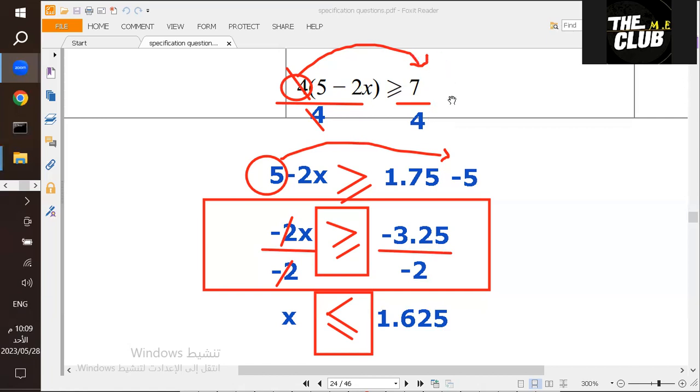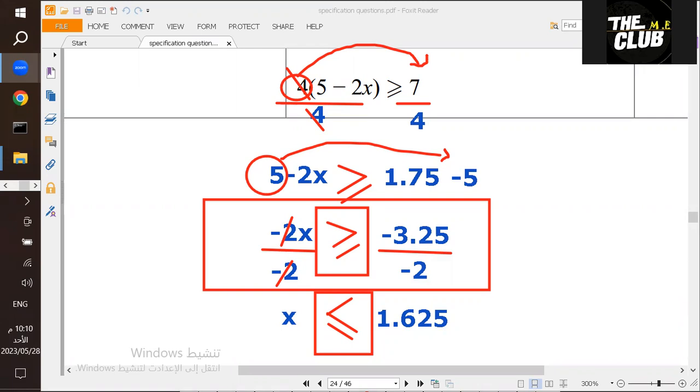I'm sorry, not minus 3. Minus 13. So minus 13, you divide it by minus 8. It will give you the same answer, which is 1.625. Okay. And for this step, you have to flip the sign. That's the idea. Okay.